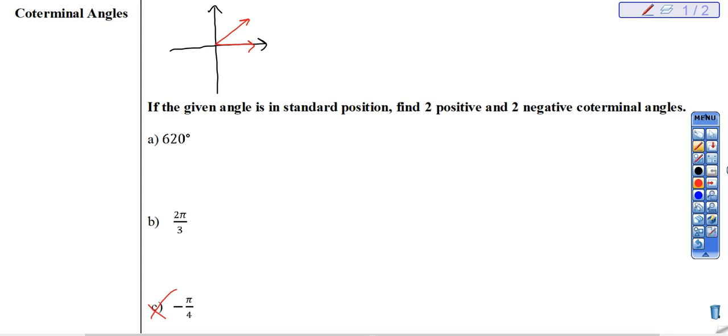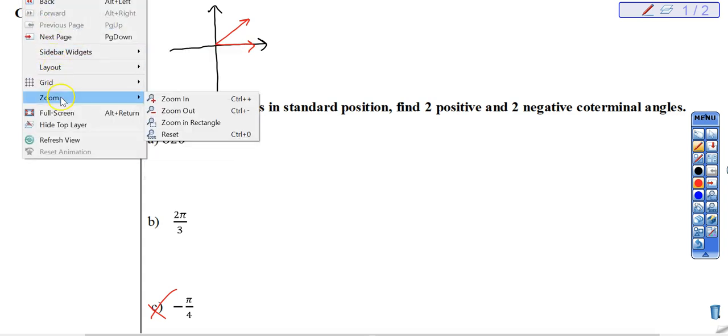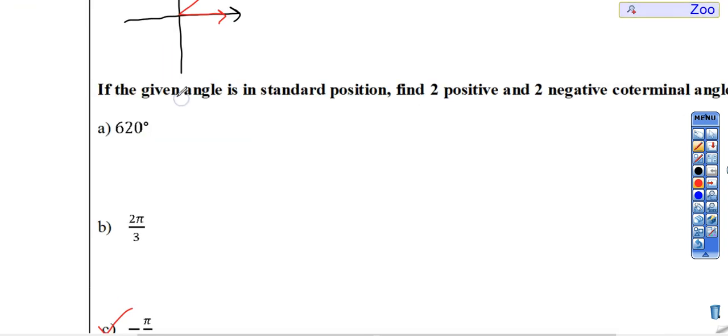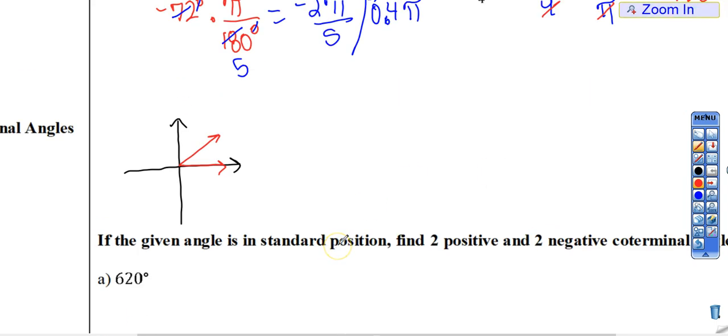I think I'm going to zoom in a little bit here so that we can see this a little better. All right, so this is a 30-degree angle. And I could also talk about it in radians. So I could also say that this is pi over 6 radians.